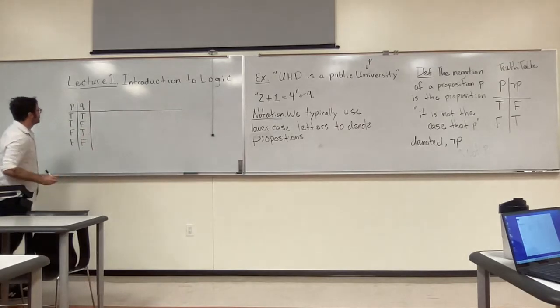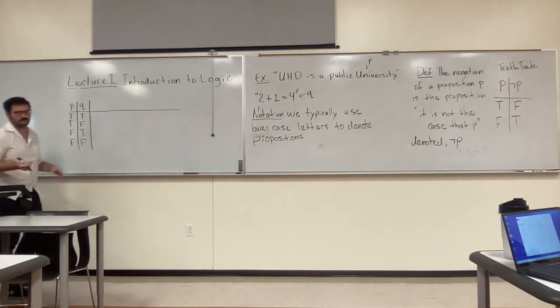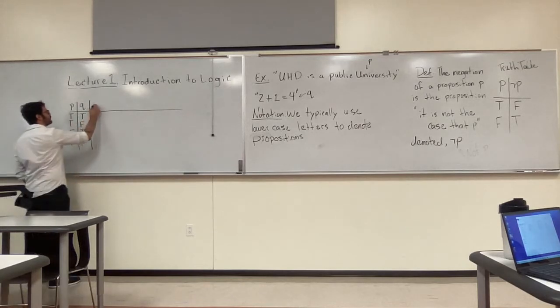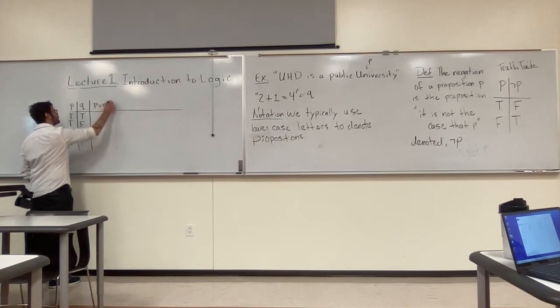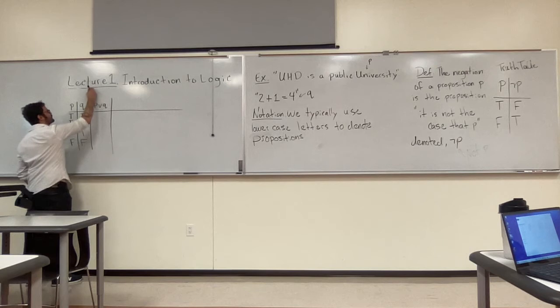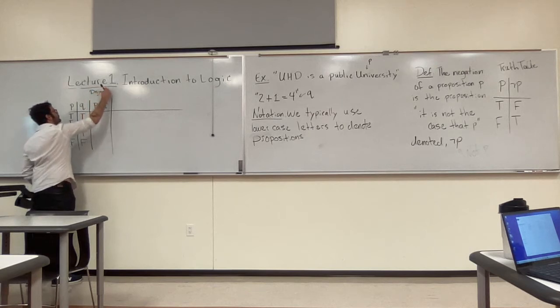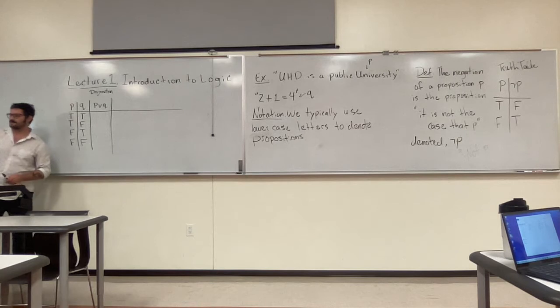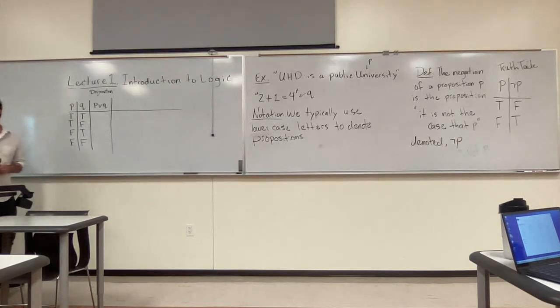The first operator between P and Q, I'm going to write like this. This is called the disjunction. The disjunction between P and Q reads P or Q. So that's an arrow pointing down.